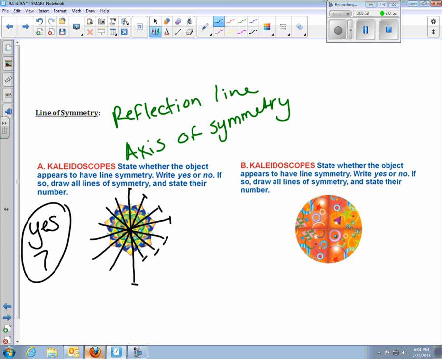All right, taking a look at picture B, it's the same thing. We're going to say if it's got a line of symmetry or not. If we're looking at it, I see that there's multiple designs, and the big thing that's drawing my attention is that purple triangle. Yes, partially because it's purple and my favorite color, but I'm looking and I don't see another purple triangle anywhere.